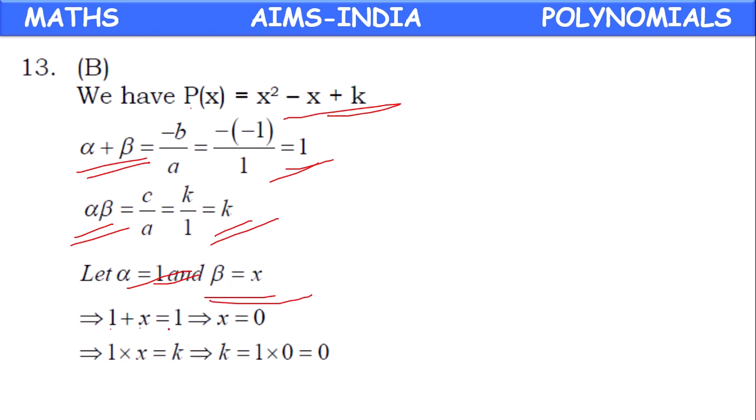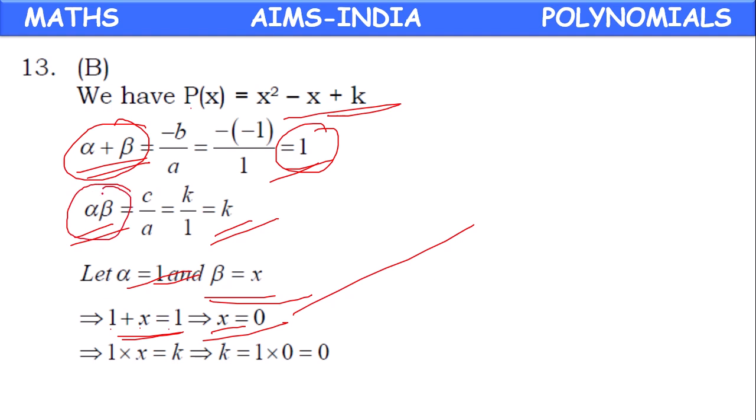So then 1 plus x equal to 1, which means x equal to 0. And alpha beta equal to k, means 1 into x equal to k, means 1 into 0 equal to k. K value will become 0.